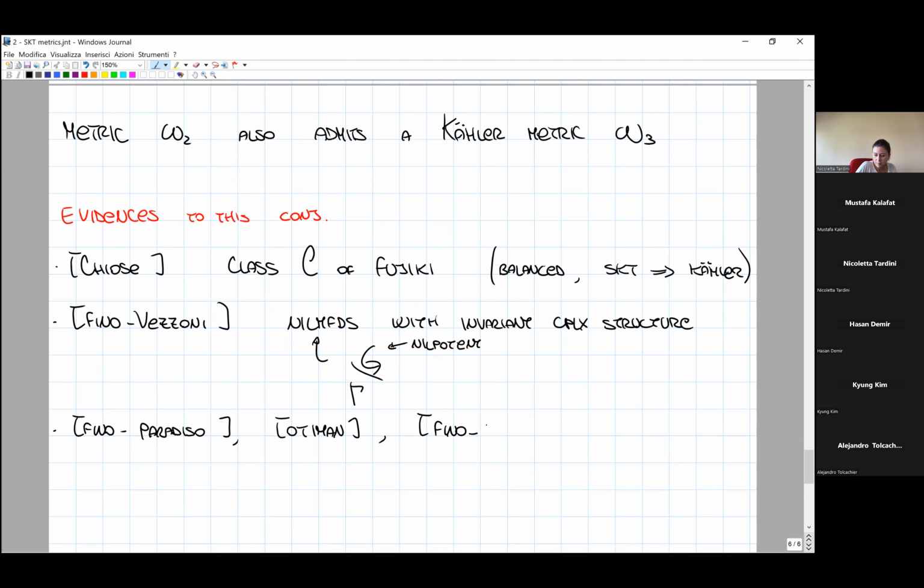Also with Anna Fino and Luigi Vezzoni, we confirmed this conjecture on some special solvmanifolds with special complex structures, and so on. So I don't want to stress on this, but just so you know that in the literature there are many evidences to the fact that this conjecture is true, but it is still open. Okay, it's still an open problem to prove this.